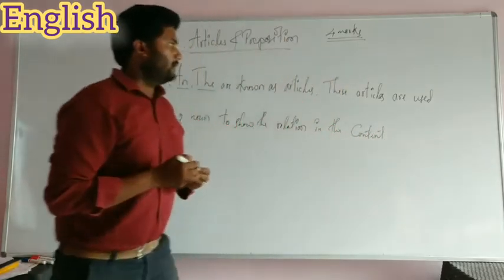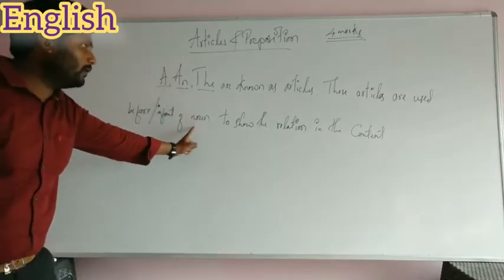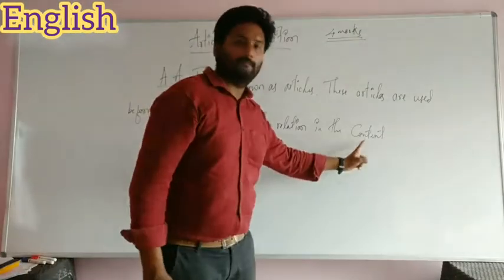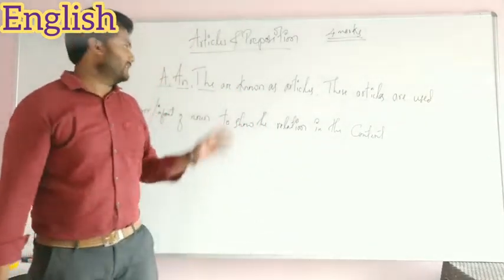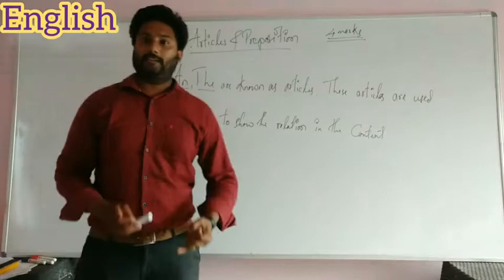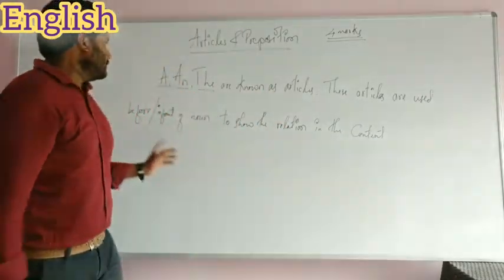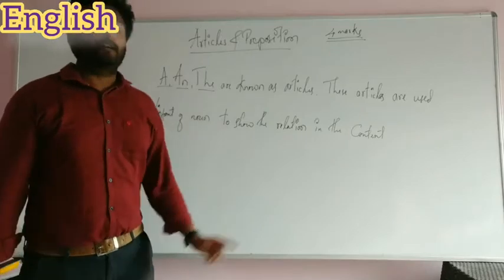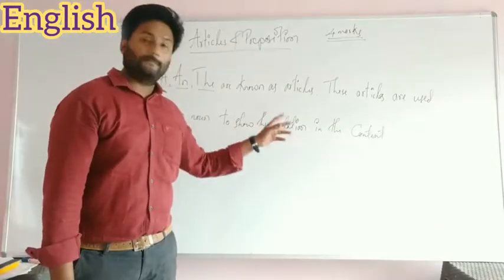See, these articles show the relation of a noun in the context. That's why these articles are used. A and the are known as articles, and they are used in front of a noun to show the relation of the noun in its context.